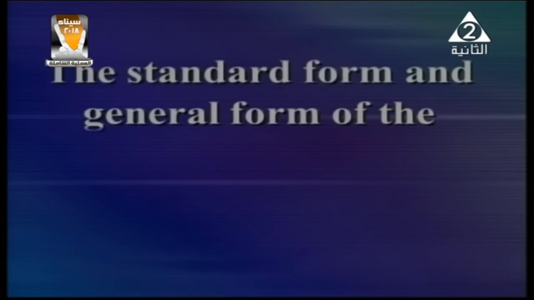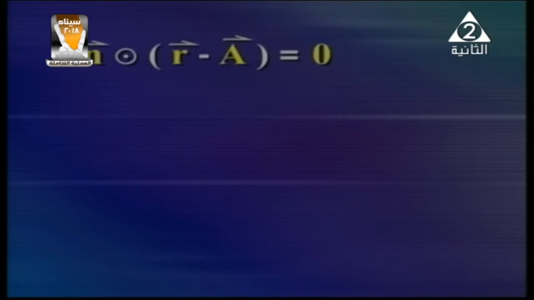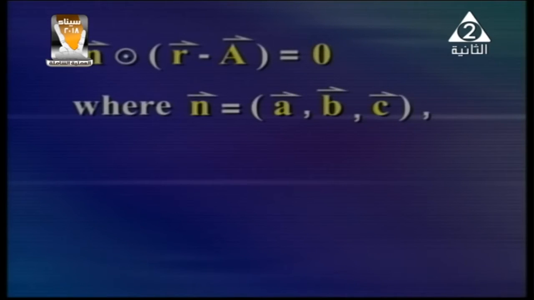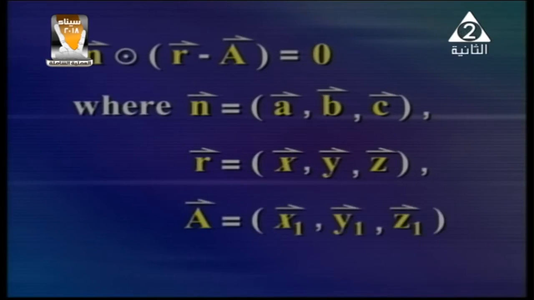Now we translate to the standard form and general form of the equation of the plane in space. What are the standard form and general form of the equation of the plane in space? N vector dot (r minus a) vector equals 0, where n equals a, b, c is the normal vector, r equals x, y, z, and the point A is x1, y1, z1.